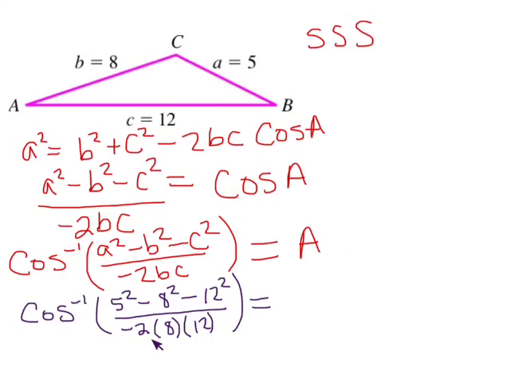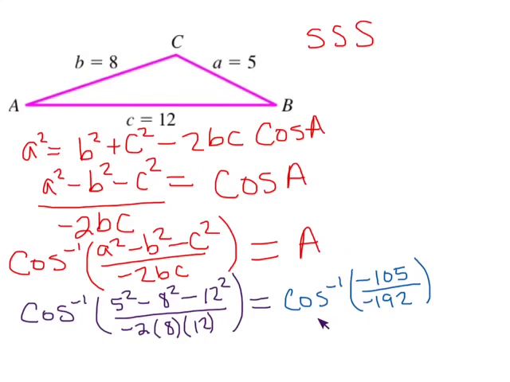Doing so, on the top I have negative 105. On the bottom I have 2 times 8, which is 16, and then 16 times 12, which is 192, negative 192.